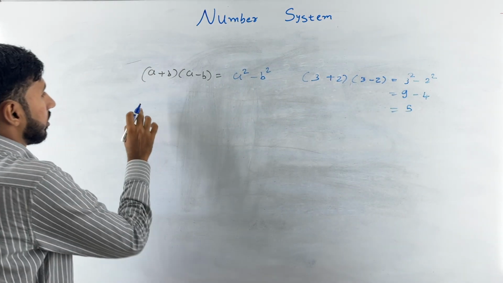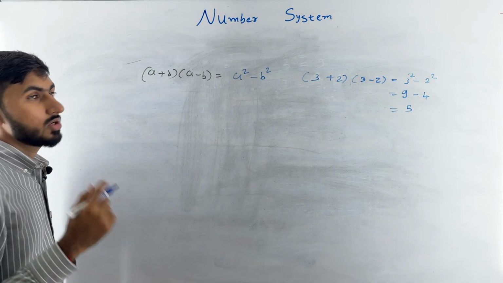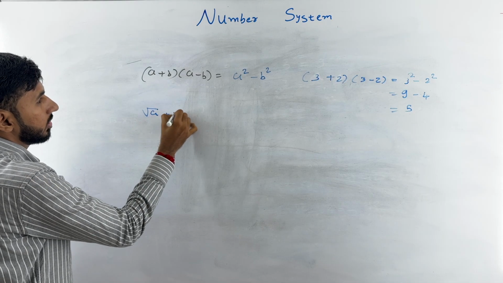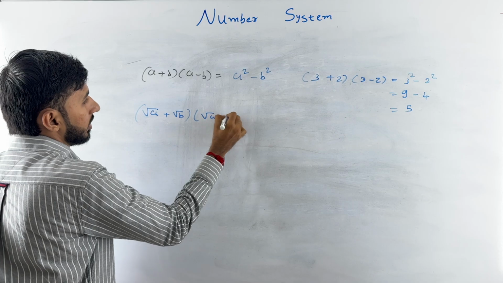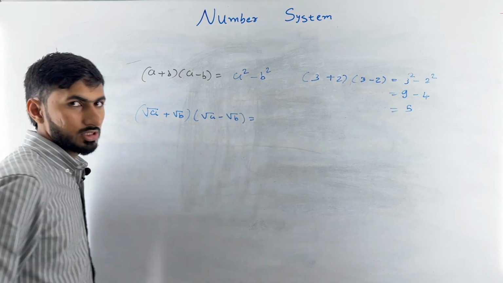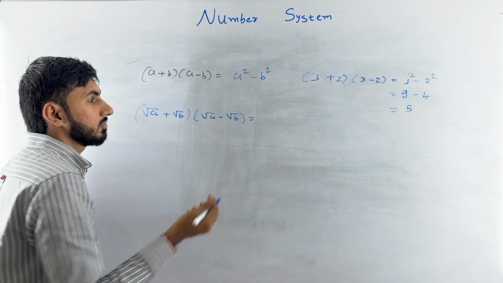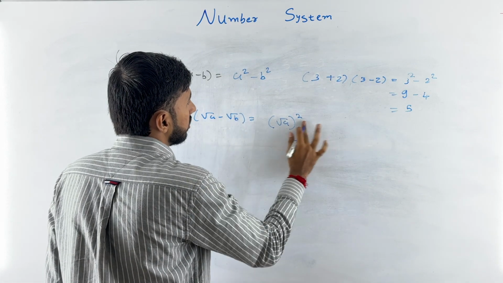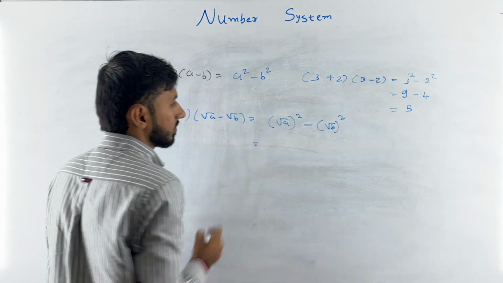Now when it comes to numbers with square roots, what if root a plus root b multiply root a minus root b, what will be the answer? You just have to replace a with root a and b with root b. Very simple. So replace a with root a, we have square here, minus b with root b, we have square here.